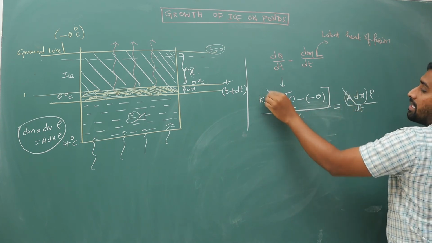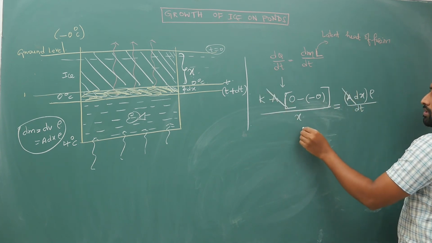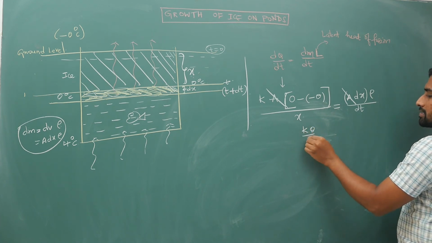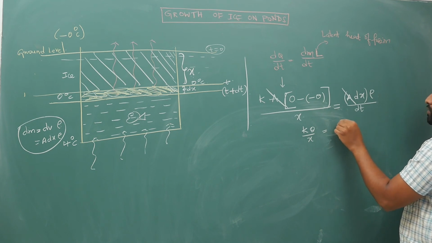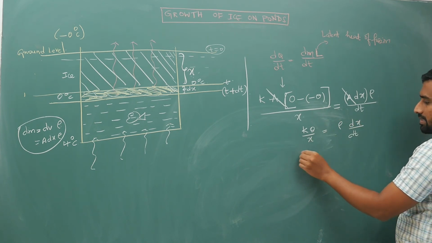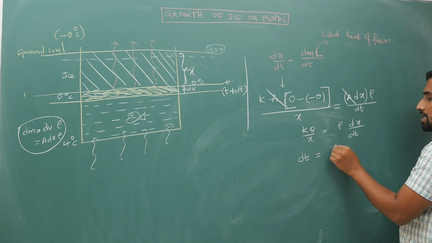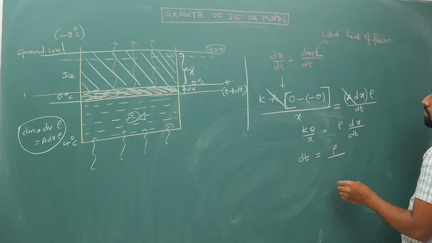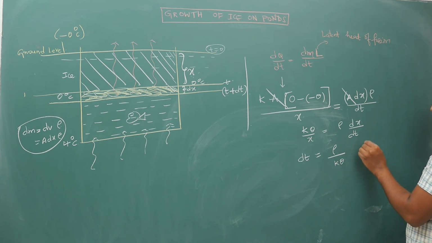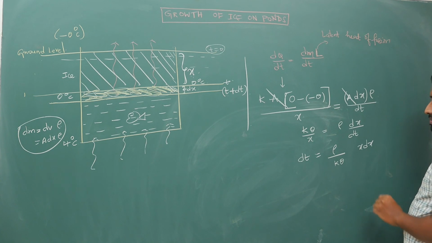A on this side will cancel off. You are going to get k theta by x is equal to rho L times dx by dt. Send this to the other side: dt is equal to rho L by k theta into x dx.